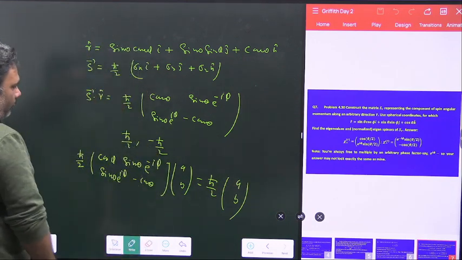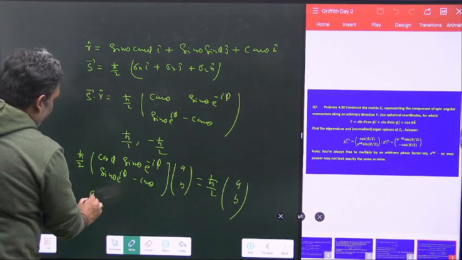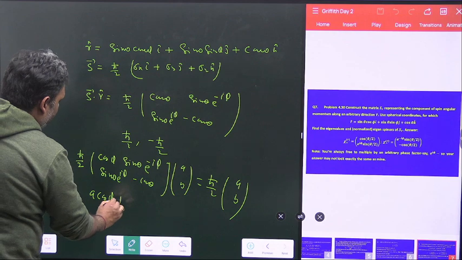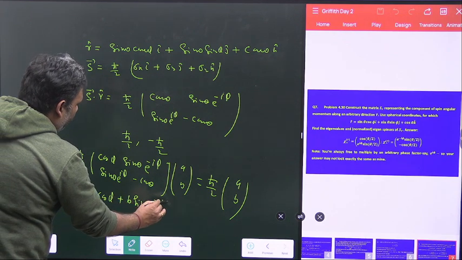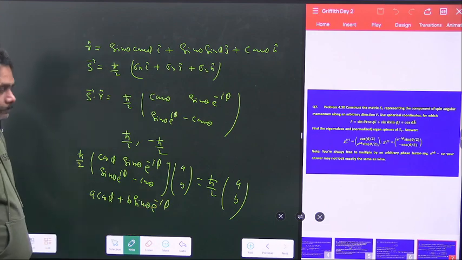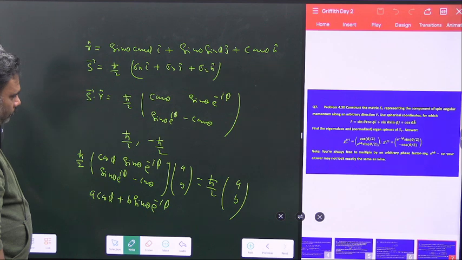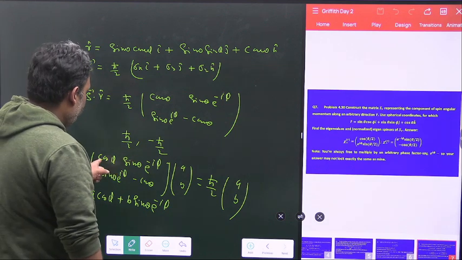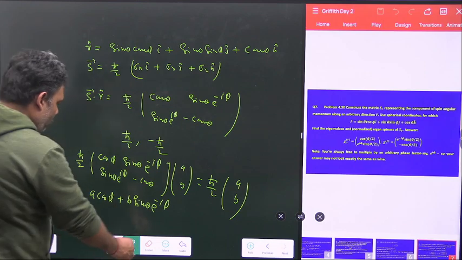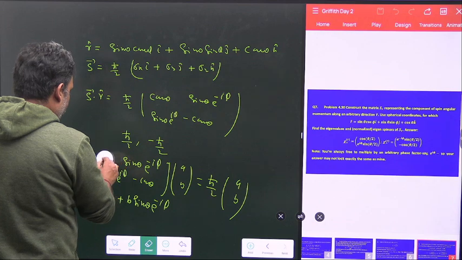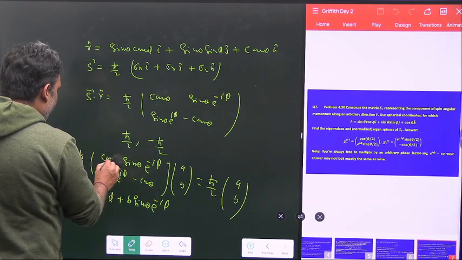So from there what you have, a cos theta plus b sin theta e to the power minus i phi. ये इसके साथ, ये इसके साथ, sorry, a cos theta.